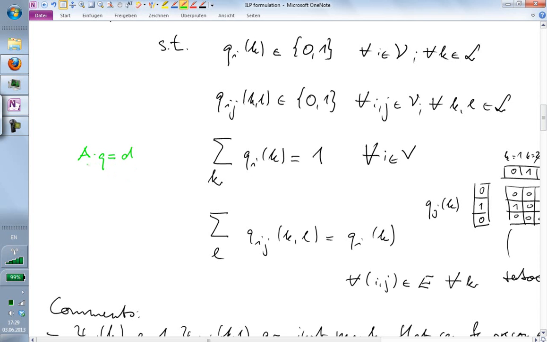And so each row of A tells me that one particular linear combination of the elements in Q should take one particular value. So this equation here corresponds to one row of this linear system of equations for a given value of I. But now this is for all I in the vertex set, so this will be a large number of rows.